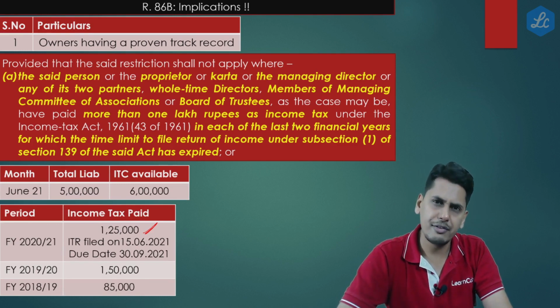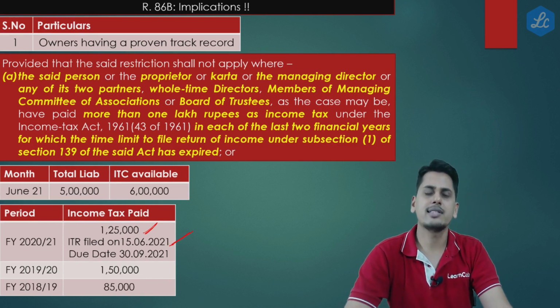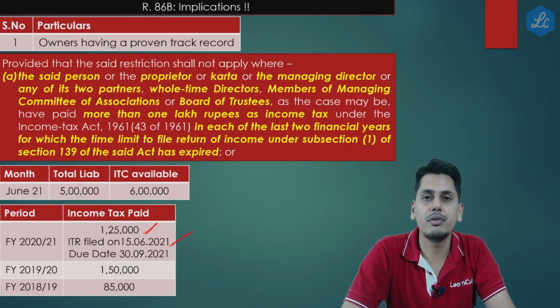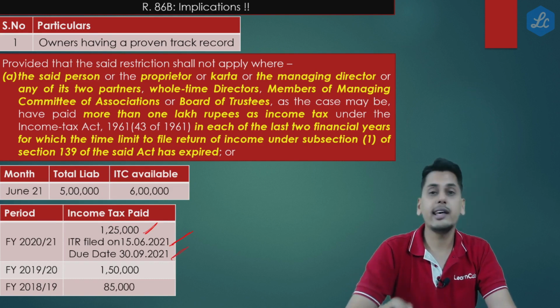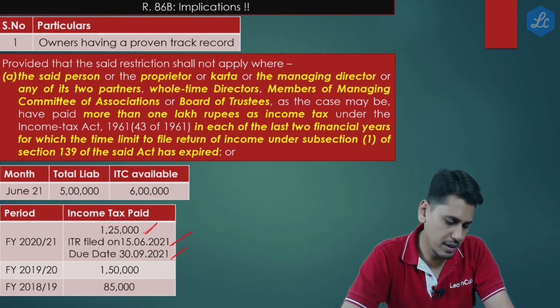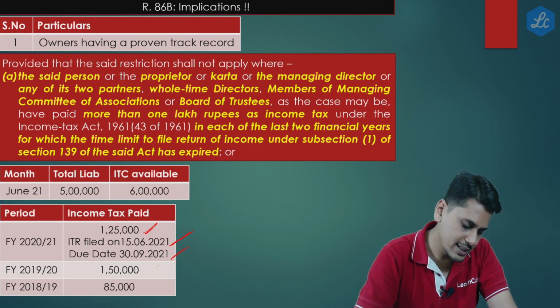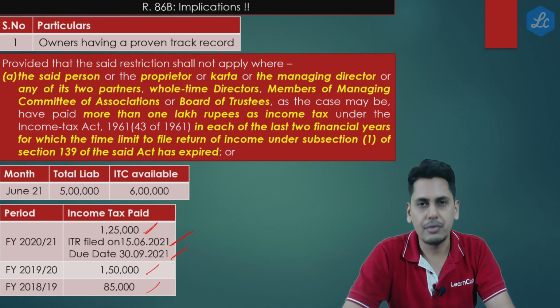Now friends, the fact is, ITR is filed on 15th of June itself. A proactive assessee files income tax returns on 15th of June. The due date of ITR is 30th of September. For 1920, he has paid income tax of 150. For 1819, he has paid income tax of 85.